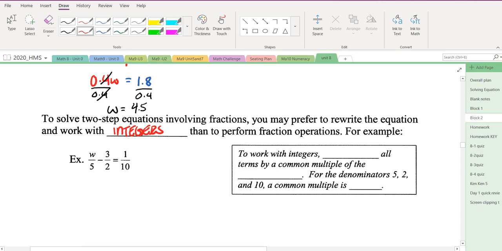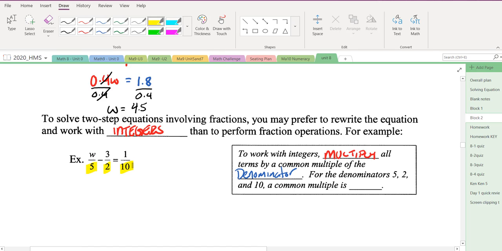The way we did it last day is we multiply the entire expression by the common denominator, or the common multiple. So in our question, we look at the denominators. We have 5, 2, and 10.